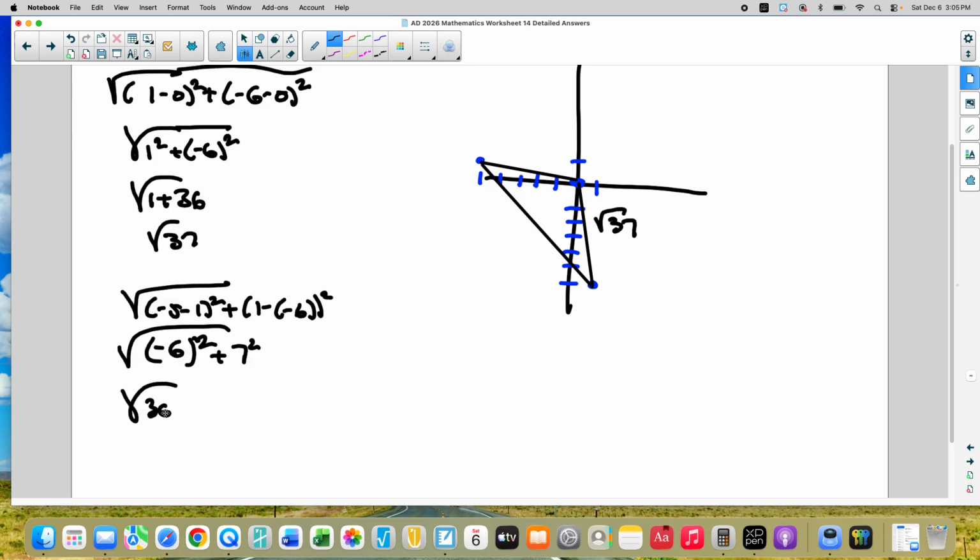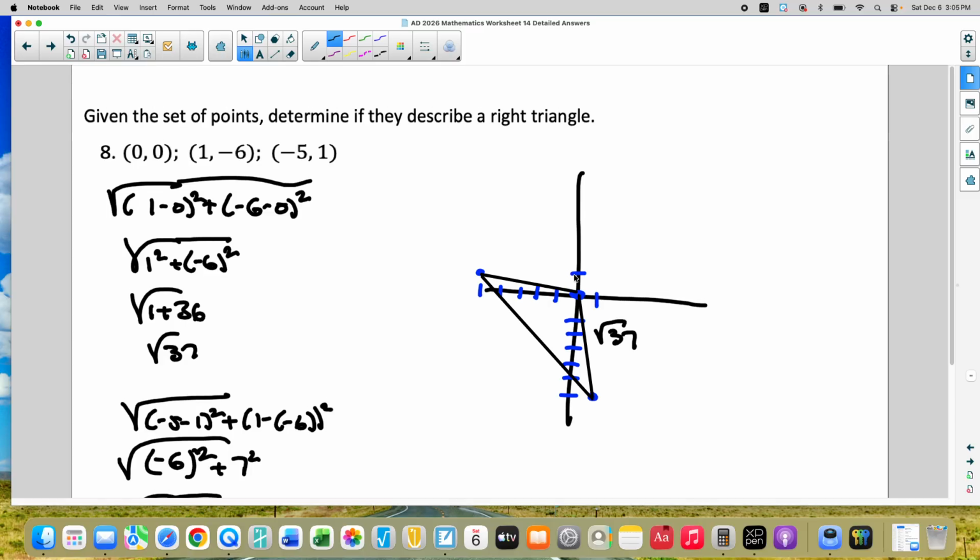That's 36 plus 49, which is 85, square root of 85. So that was from 1, negative 6 to negative 5, 1, and that distance is rad 85.